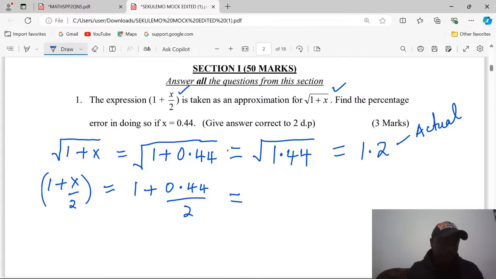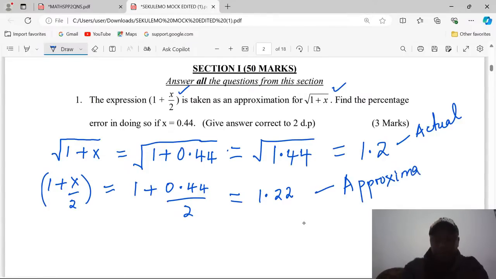We take 0.44 over 2, then we add 1. This will be 1.22. This one now is the approximation, or the approximated value.